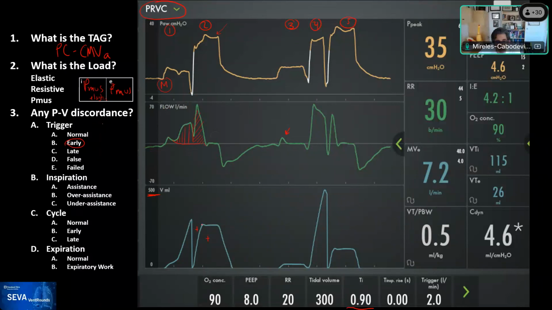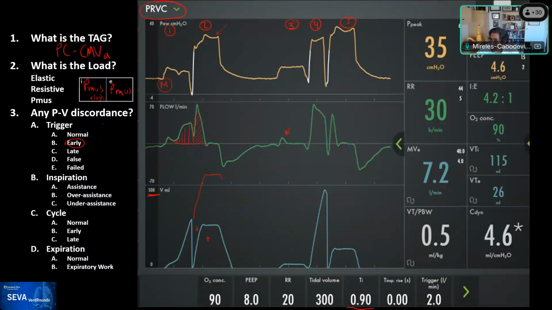If I put that one on top of this one, it probably is up here like that. So the patient has, I don't know, 600 cc's inside their lungs. And that pressure shelf you see up here, because there is no flow, is the new plateau. So this early trigger caused a double breath with delivery of these two tidal volumes on top of each other.